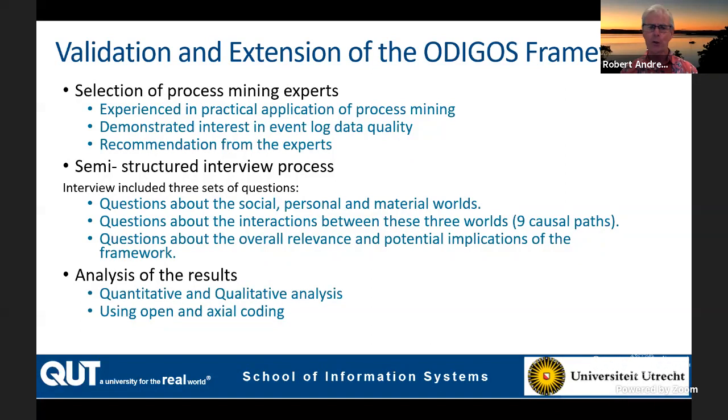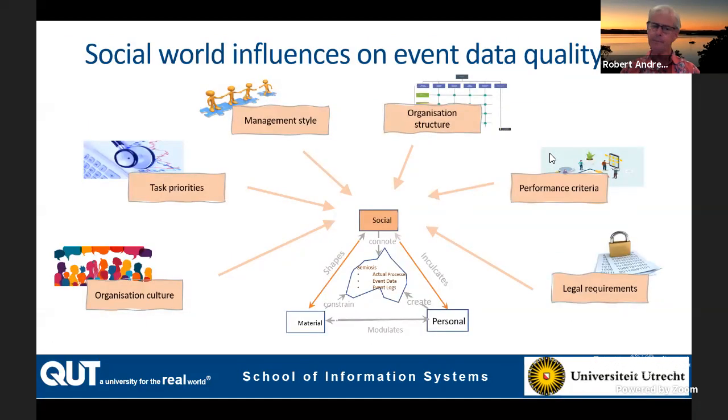We also sought from them their experiences with process related data quality issues. We coded the interviews inductively using open and axial coding approaches. We then qualitatively and quantitatively analyzed the interviews, and the results are presented in the following slides.